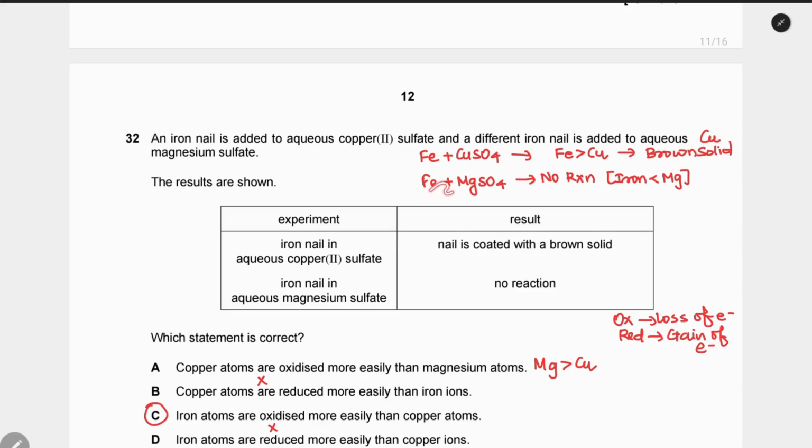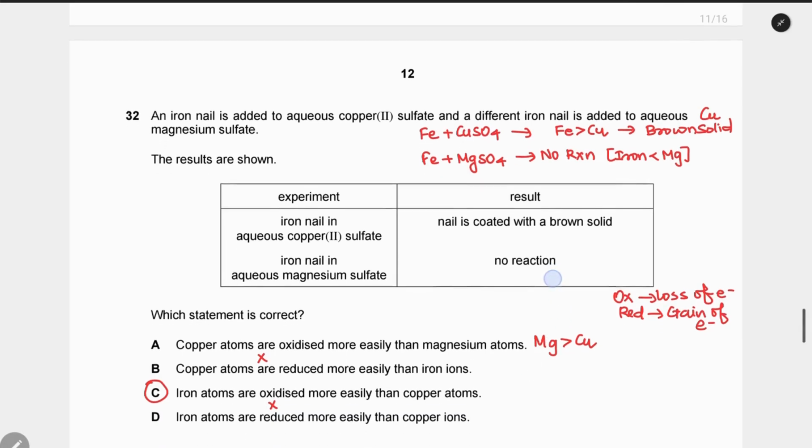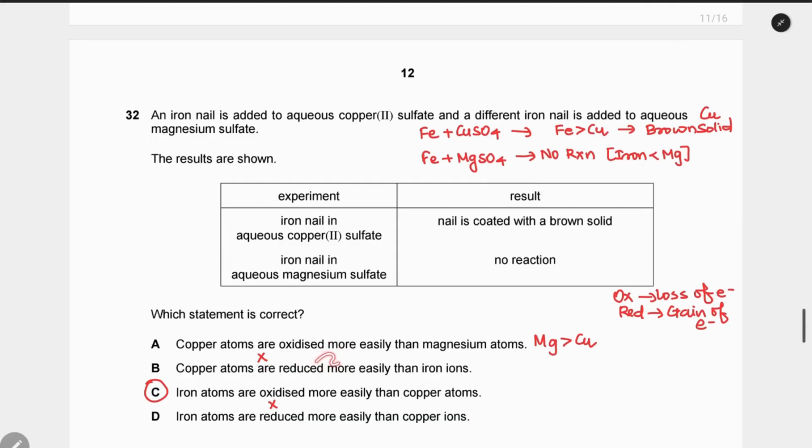When I talk about iron plus magnesium sulfate, there will be no reaction because magnesium is more reactive than iron. Iron is less reactive than magnesium, so there will be no reaction taking place. Let's look at the options. Copper atoms are oxidized more easily. No.